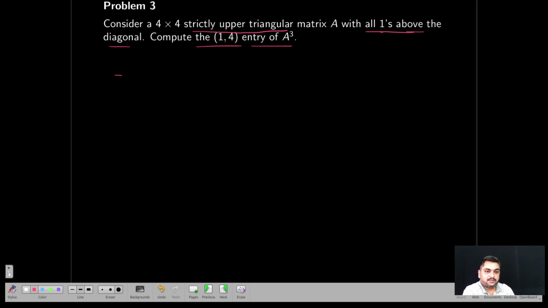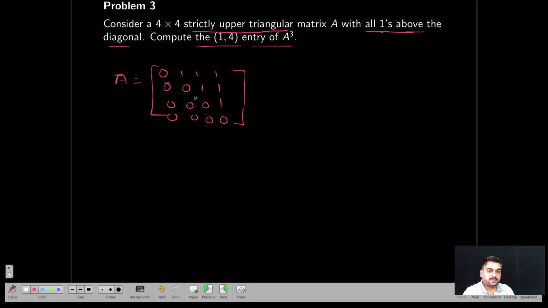So let us say the matrix A is like this, 4 cross 4: 0 1 1 1, 0 0 1 1, 0 0 0 1, and then 0 0 0 0.